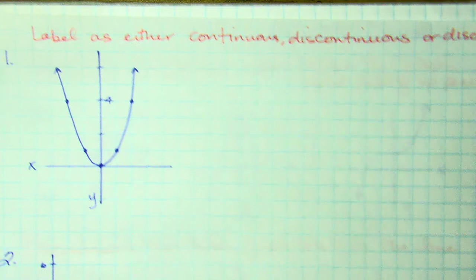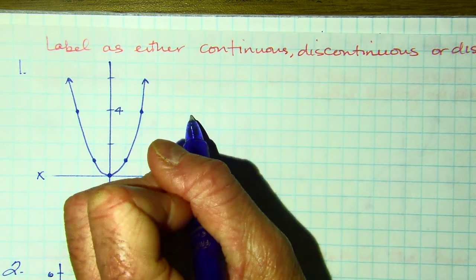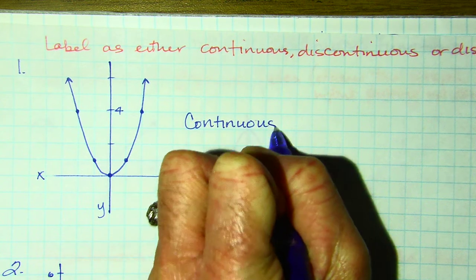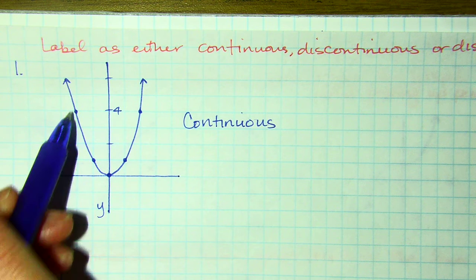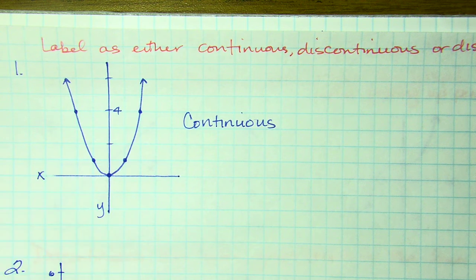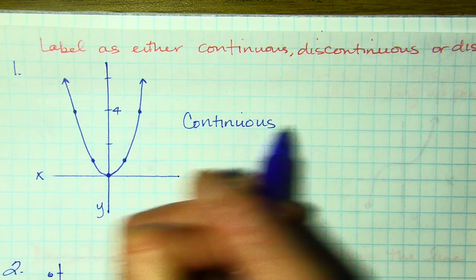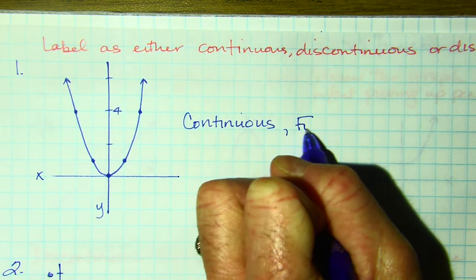Okay, looking at example number 1, I would say that it is continuous. There are no holes and no gaps. Those are just points that I use to graph, but there's no hole. There's no gap. And it passes the vertical line test, so this is a function.